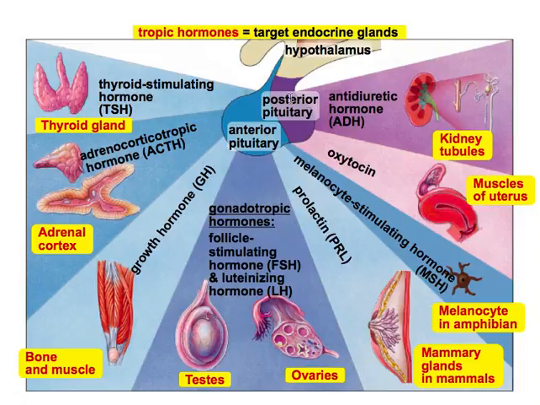The posterior pituitary can release antidiuretic hormone that will have roles in the kidneys. It'll also release oxytocin that influences the muscles of the uterus, whereas the anterior pituitary releases growth hormone to bones and muscles. We'll talk a little bit more in detail about some of these hormones in a second.